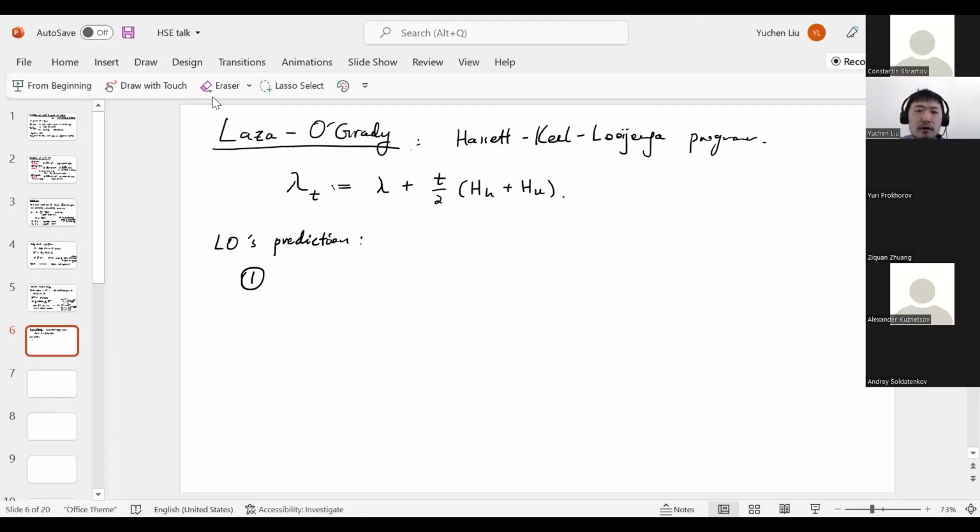So first, you can look at the section ring of this lambda t. Here I always assume t is a non-negative rational number. And then they predict that this is finitely generated.